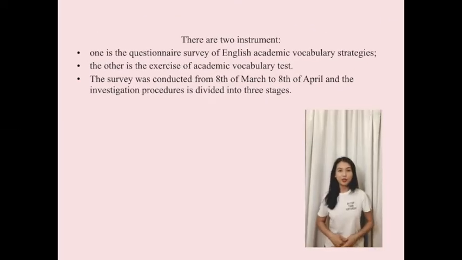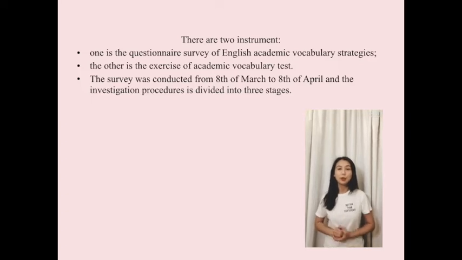There are 2 instruments. One is a questionnaire survey of English academic vocabulary structure, and another one is an exercise of academic vocabulary test. The survey was conducted from 8th of March to 10th of April. The investigation procedure is divided into 3 stages.